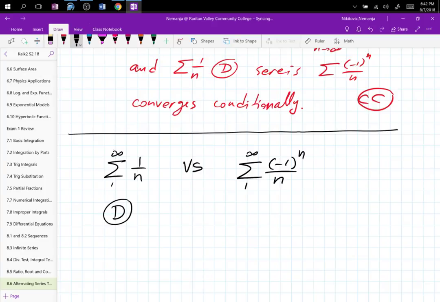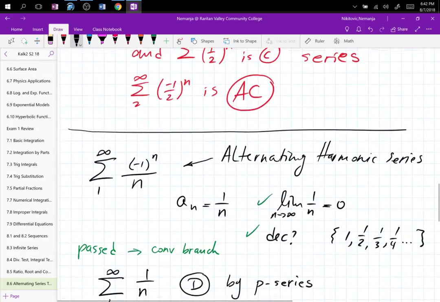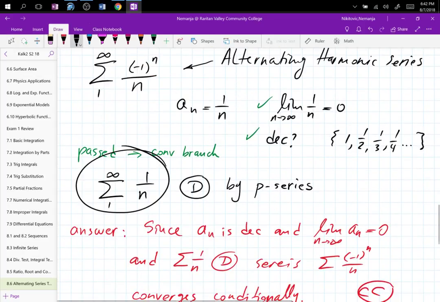The one on the right-hand side is called the alternating harmonic series, and it's conditionally convergent. So please understand, guys, that your alternating harmonic series is convergent under the condition that it's alternating. Because as soon as you remove that condition, it becomes the harmonic series and becomes divergent.